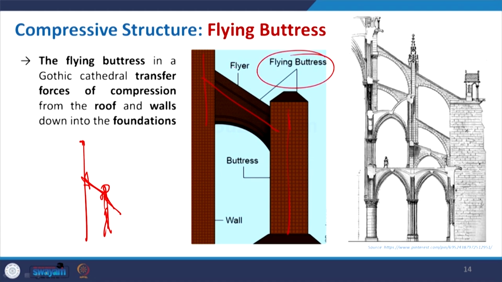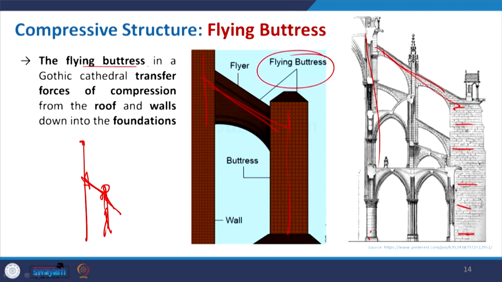So, it has a relation with the wall, but you have a connection with the flyer, so that it will transfer the load. You can see here how this particular load bearing structure is again supported with a huge mass and with the flyers.